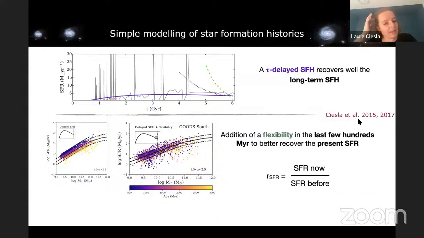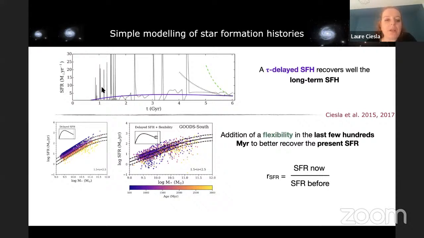So as I explained to you, in most SED modeling codes, what we use is a typical analytical function, such as here, the tau delayed one, it's the purple one. And here you have the exponentially declining one.